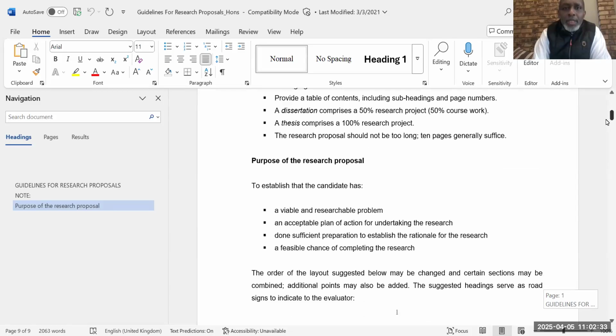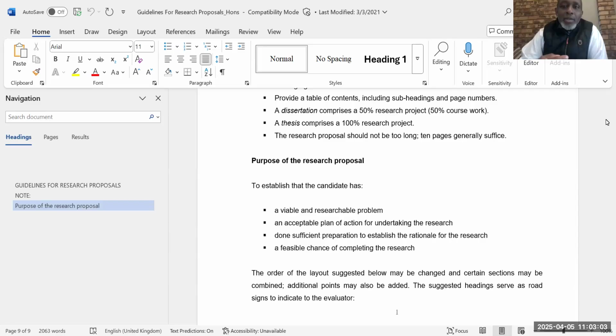Basically, why do you write a proposal? The first thing is that you have to know why they want candidates to write the proposal. Basically, it is to be able to check if the problem you are proposing is viable and feasible, because sometimes you could propose a topic which is not feasible, and basically you can investigate it.